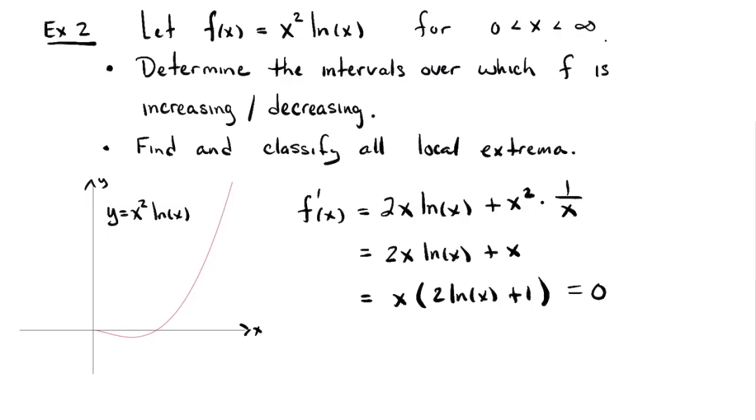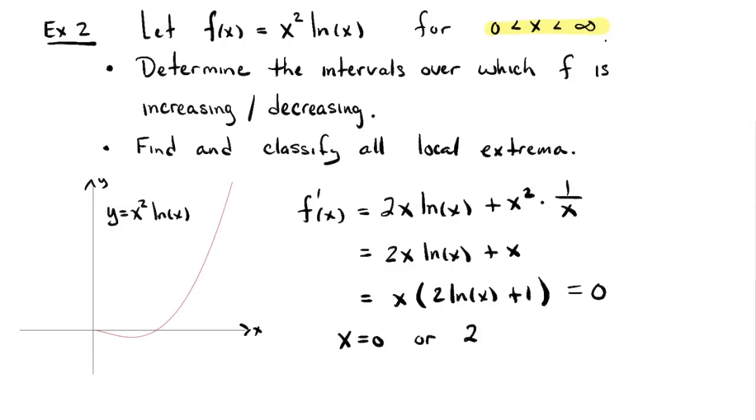It's always defined. There are no bad critical numbers because of our domain restriction. We're only allowing x to be positive, so this logarithm term is defined for all such values of x. All right, so the two solutions to this equation, well, one of them would be x equals 0. It comes from this factor. The other one is that the other factor is 0, right?